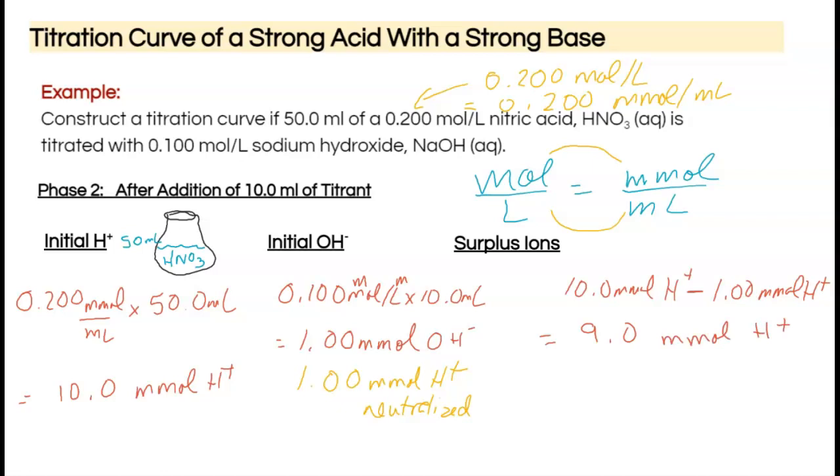Those surplus ions are what contribute to my pH, because the other 1 millimole was neutralized. Now I'm getting to figuring out the pH, because I know that pH is equal to the negative log of my hydrogen ion concentration. I have the number of millimoles, but I don't have the concentration. So that's the next piece.